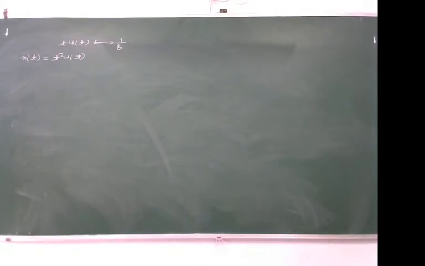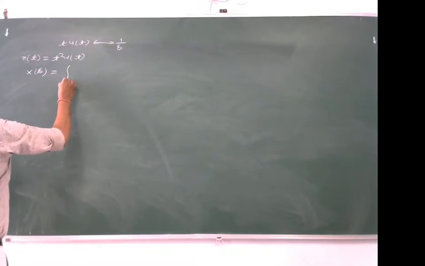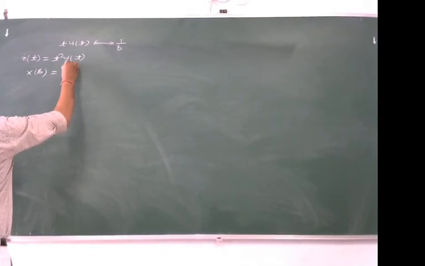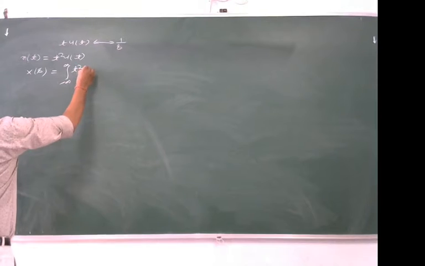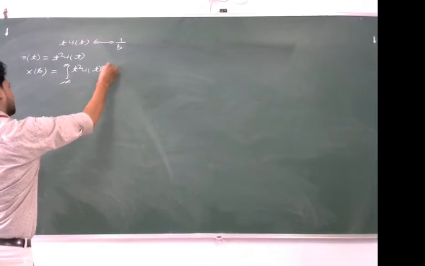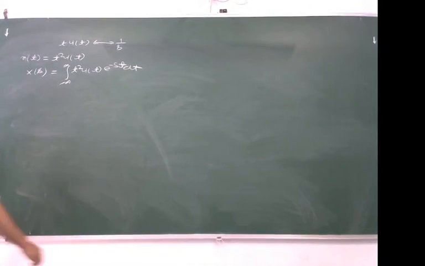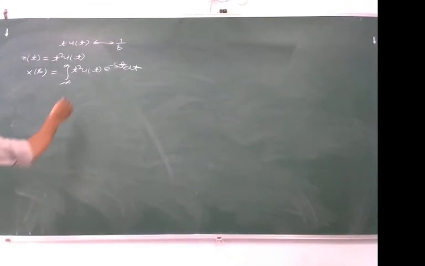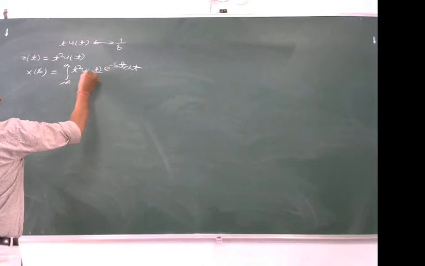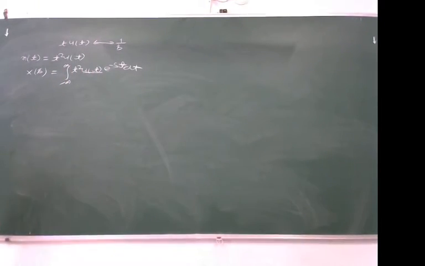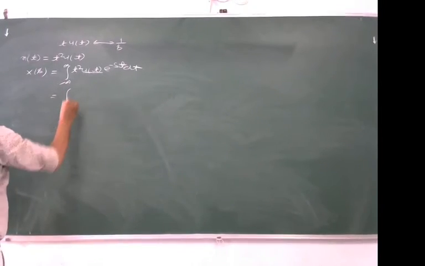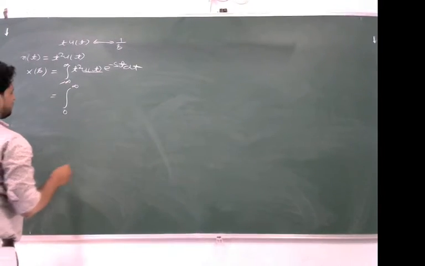For this purpose, we will use the relation X(s) is equal to the integral from minus infinity to plus infinity of t square u(t) e power minus st. Because u(t) exists only for positive values of time, I can put the limit from 0 to infinity instead of from minus infinity to plus infinity.